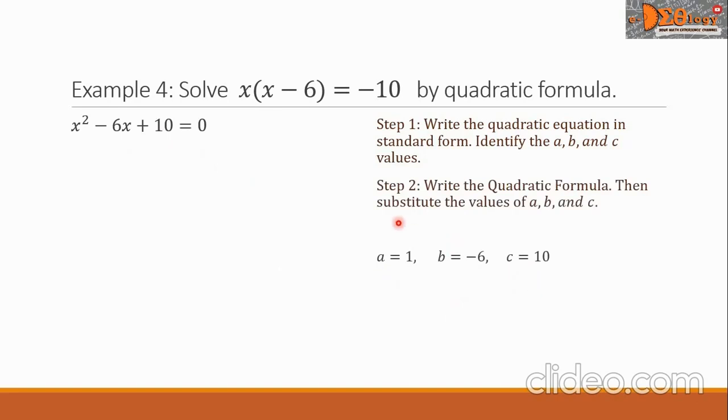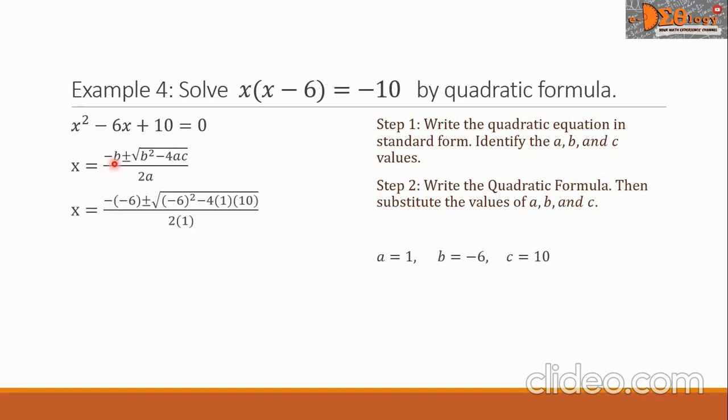Step 2. Write the quadratic formula, then substitute the values of a, b, and c. The formula is here now, and we will substitute the values a, b, and c respectively.